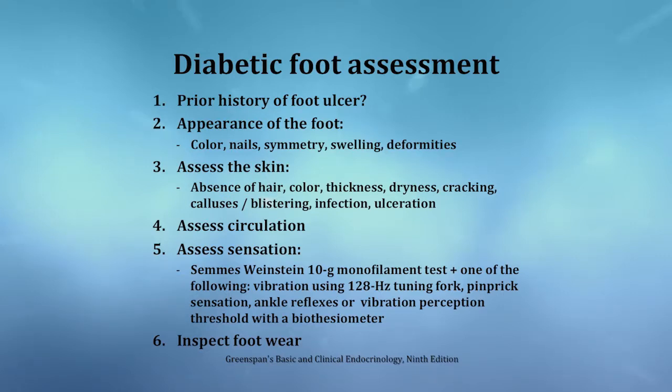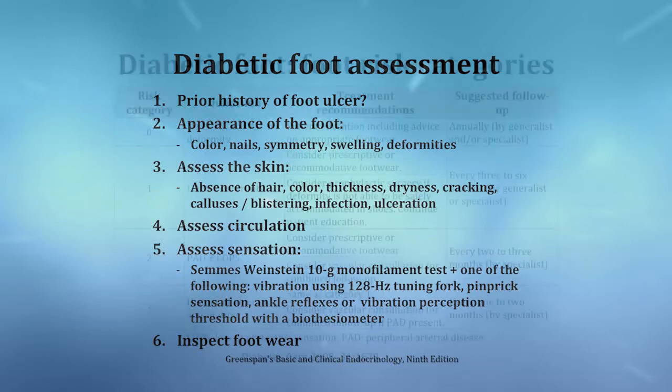You have to investigate and discover it much earlier, before he goes into this complication. And you have to inspect the patient's footwear. Unfortunately, in Saudi Arabia, there is a lot of footwear that is unsuitable for diabetic patients. It will lead to further ulceration and friction, which will cause further infection and complications.